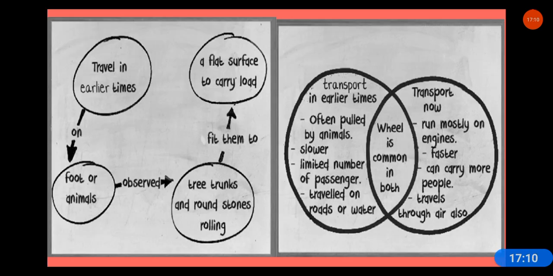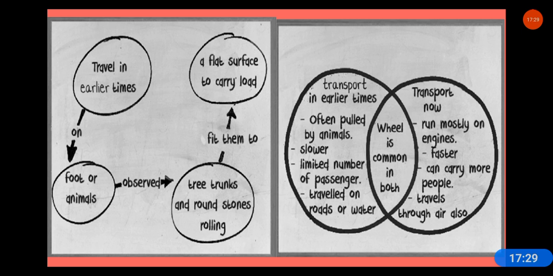Okay. Next, vehicles on wheels, right? Let's talk about travel in earlier times. People traveled on foot or rode on animals.